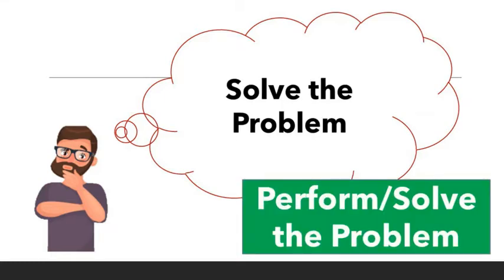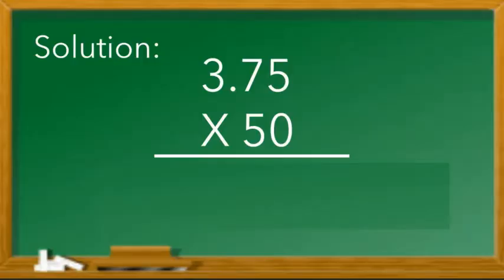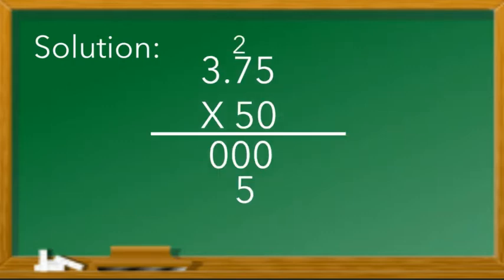We have 3 and 75, or 3.75, multiplied by 50. So, I am going to multiply it one by one from right to left. So, 0 times 5 is 0. 0 times 7 is 0. 0 times 3 is 0. Next, I am going to multiply the next number.